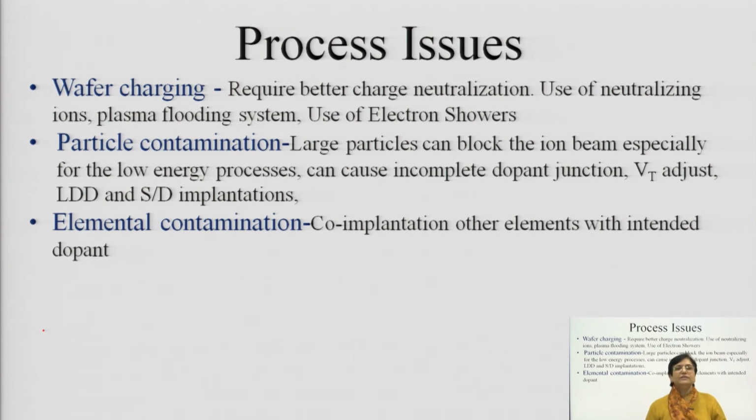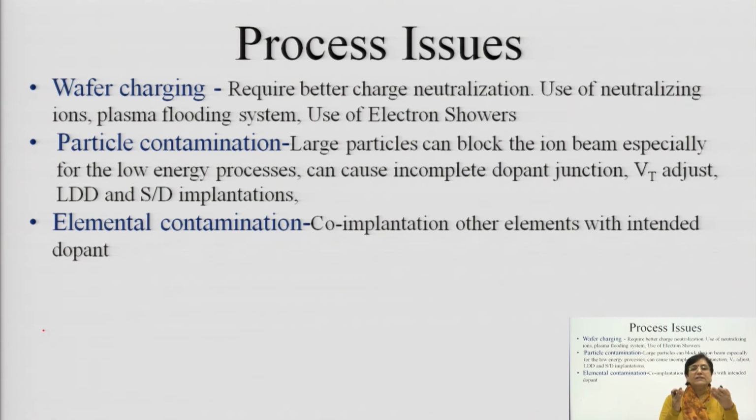Another issue is particle contamination. Since we are handling these wafers in batches, loading and unloading them and exposing them to the dopant, many times particles get added onto the wafer.